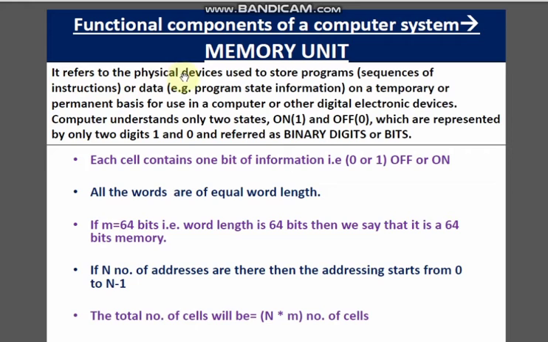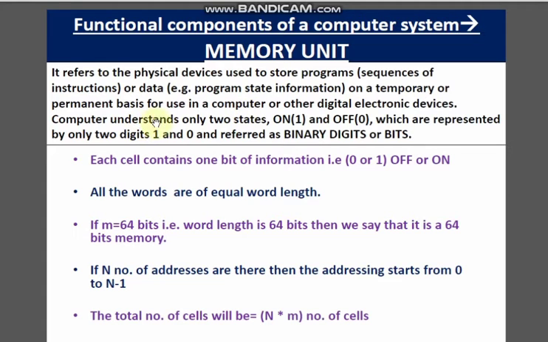Memory unit refers to the physical devices used to store programs, the sequence of instructions, or the data, that is all the program state information, on a temporary or permanent basis for use in a computer or other digital electronic devices.